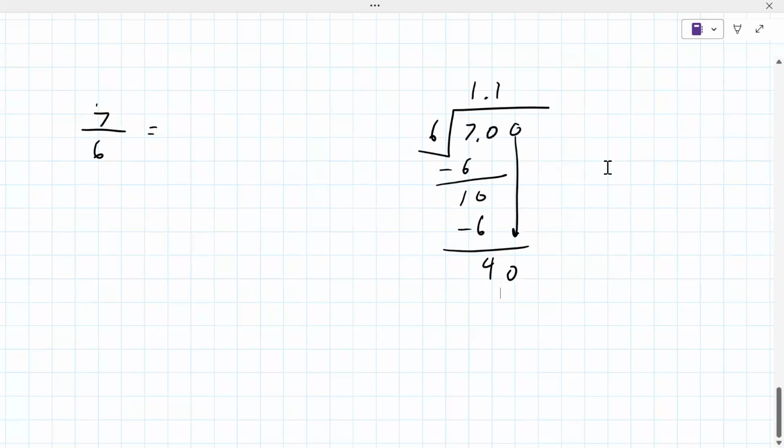It would be 1.16 repeating. It does repeat. Very good.